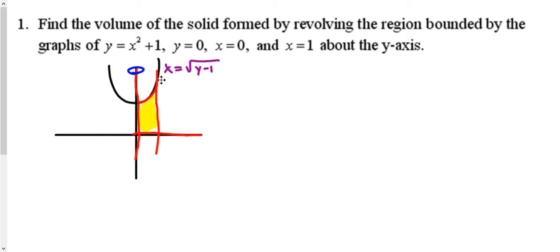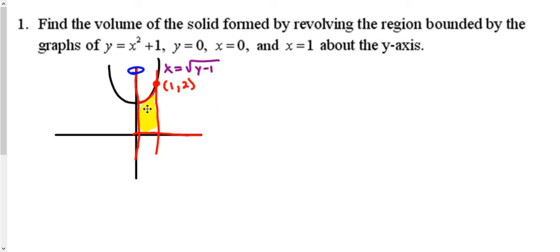Okay. So now we've got to figure out this point of intersection right here. Well, where do these two functions intersect? Well, I know it's when x is 1. If I plug 1 in here, that's when y is 2. Okay. So in terms of y, we're going to go from 0 to 2.